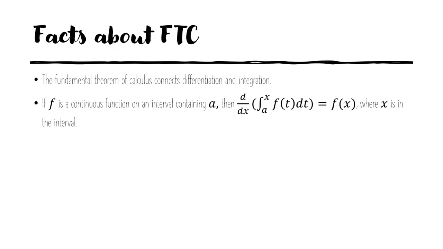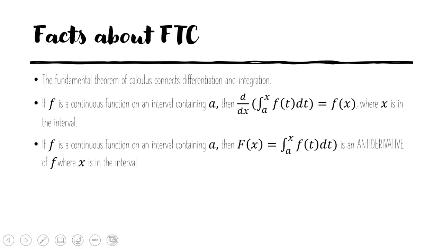So again, it shows that differentiation and integration are inverse operations of each other. So if I take the integral and then I differentiate it, I will get back to the original function.